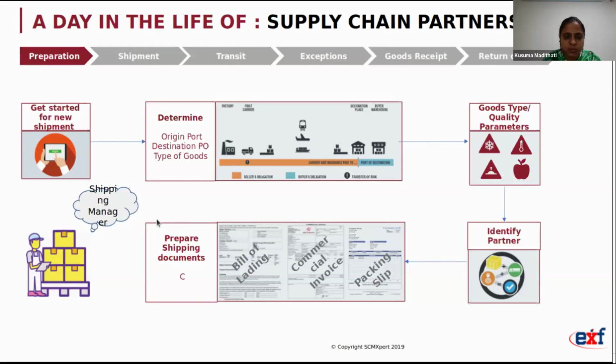For some shipments we will maintain minus 10 degrees centigrade within the container. Like this, we have to set all the quality parameters, identify the partner with which we can ship our product, and prepare the shipping documents, that is, the documents we are attaching, such as invoices. So this is phase 1, where we have to attach all this.